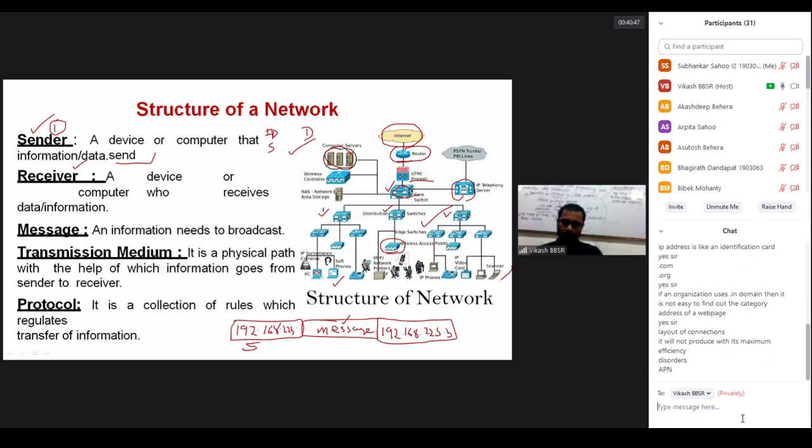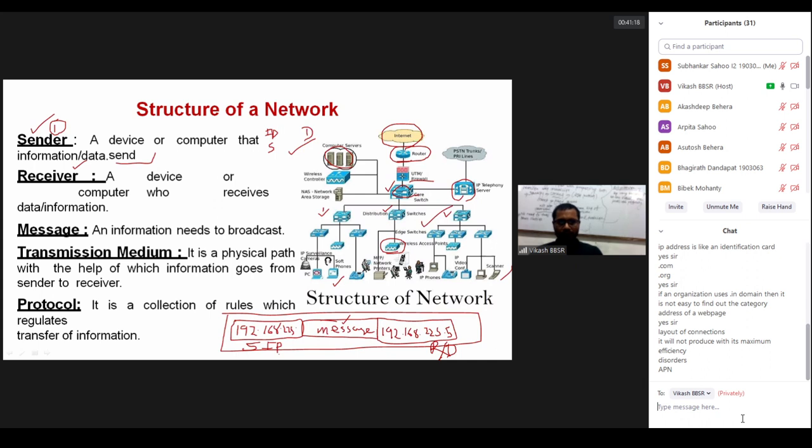Suppose node number 1 is sending the message to node number 5. This is called the messaging system in total, and we will learn it later. So this is called the sender, this is called the receiver, or you can say this is the source and this is the destination. Destination IP address or receiver IP address, sender IP address. This must be required.